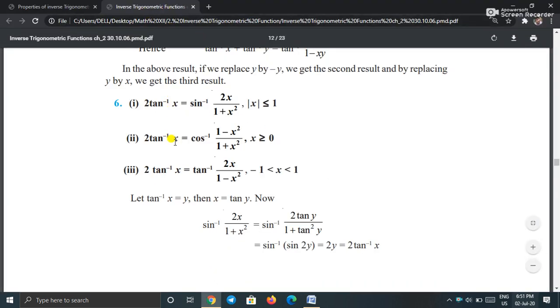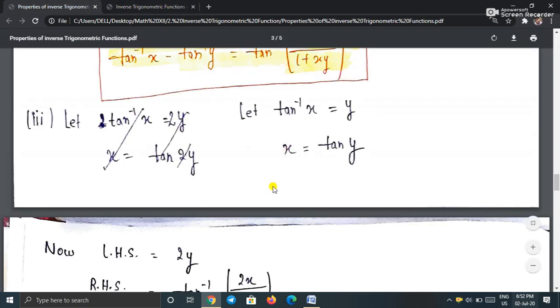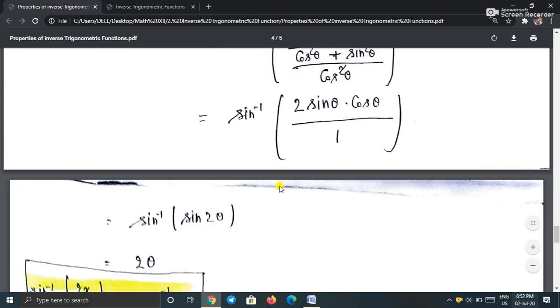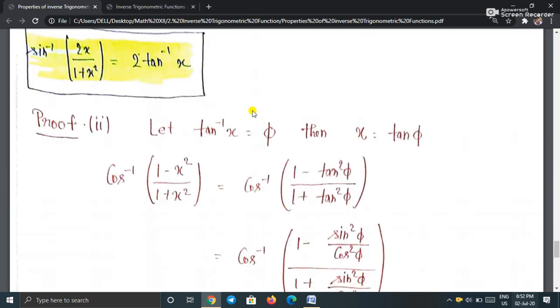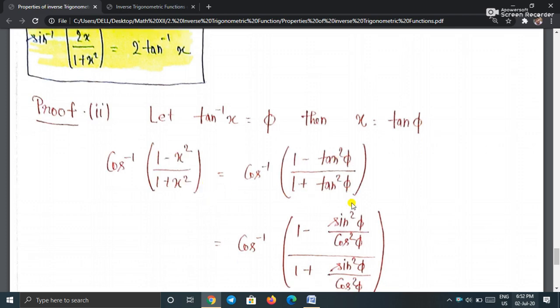2 tan inverse x is equal to cos inverse 1 minus x square upon 1 plus x square. First of all, let us suppose that tan inverse x is equal to phi. So by the property of inverse function, x is equal to tan phi. Now put the value of x, cos inverse 1 minus x square upon 1 plus x square, so 1 minus tan square phi upon 1 plus tan square phi.